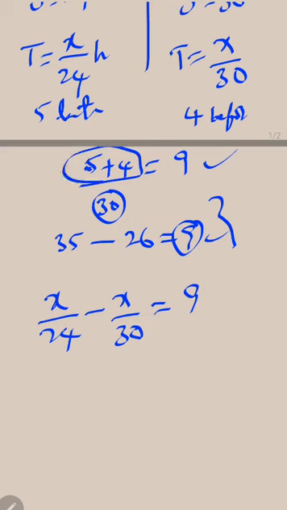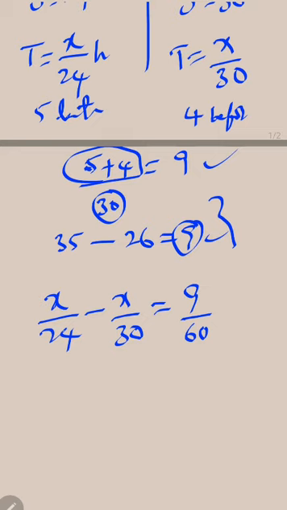But here you have to subtract in hours, so x by 24 hours minus x by 30 hours equals 9 by 60. Don't write 9 because 9 is in minutes. Converting into hours, it becomes 9 by 60. This is the equation.